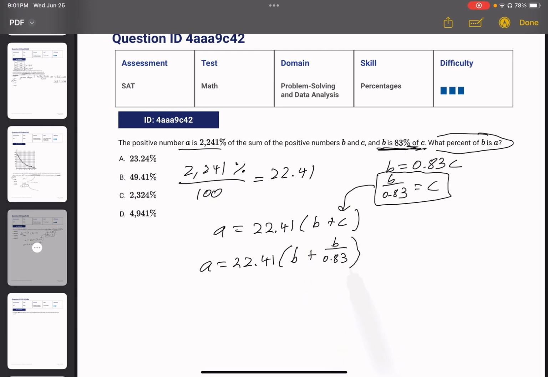Now you don't want to simplify anything, you want to do this all at once, so we're going to do it in our calculator. We're going to do the parentheses first. To calculate this, just say it's 1 over 0.83, like this, and then you get the coefficient.